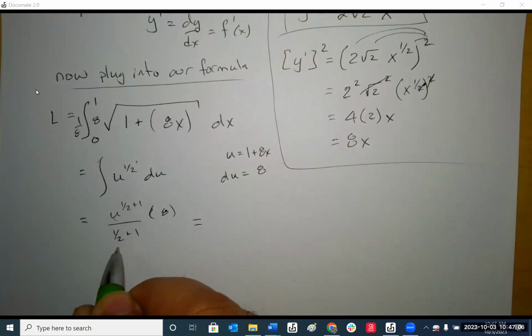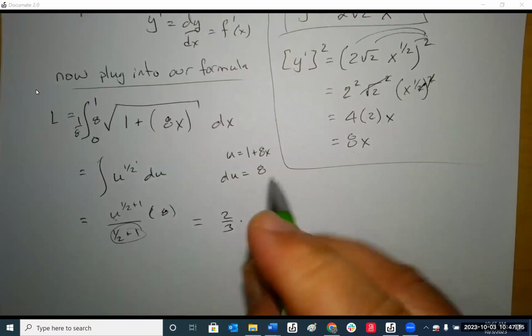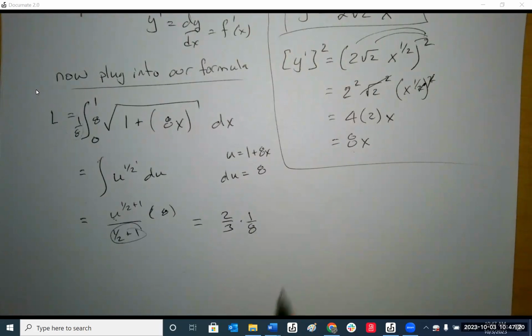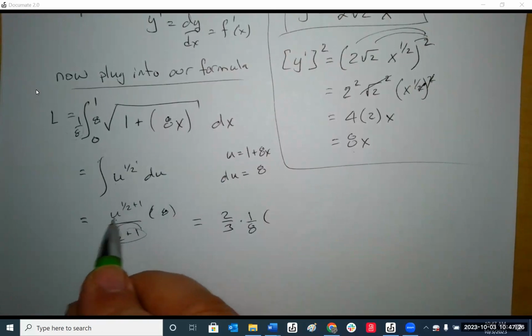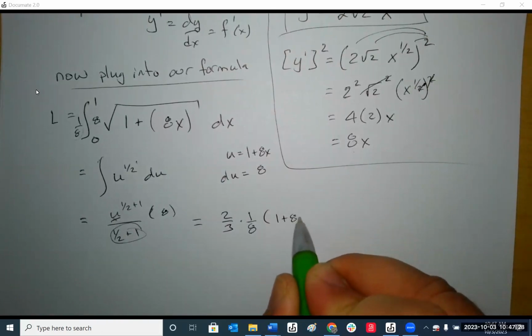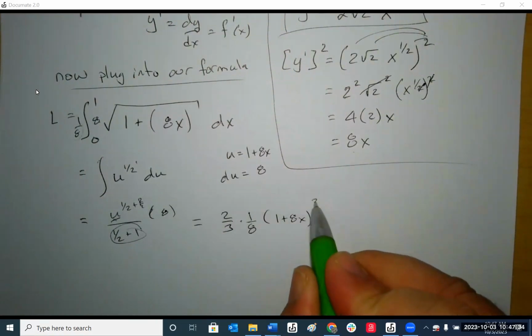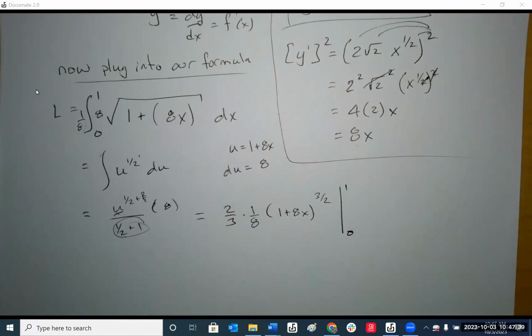So on the bottom, this is 2 over 2, so it's 3 over 2. So that's going to be 2 over 3 from the bottom, times our function 1 over 8, because we had to put an 8 inside there, times u, which is 1 plus 8x to the power 3 over 2, and we integrate that.